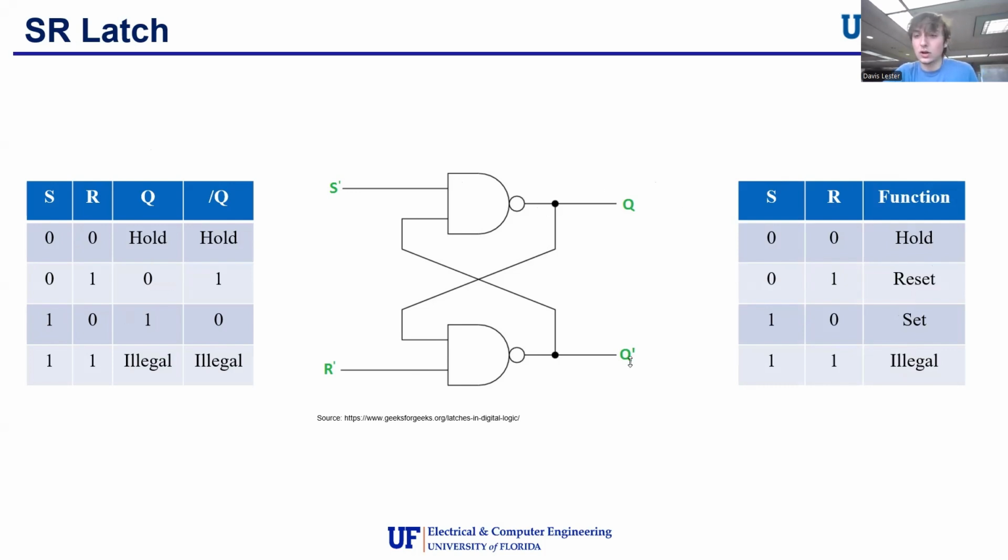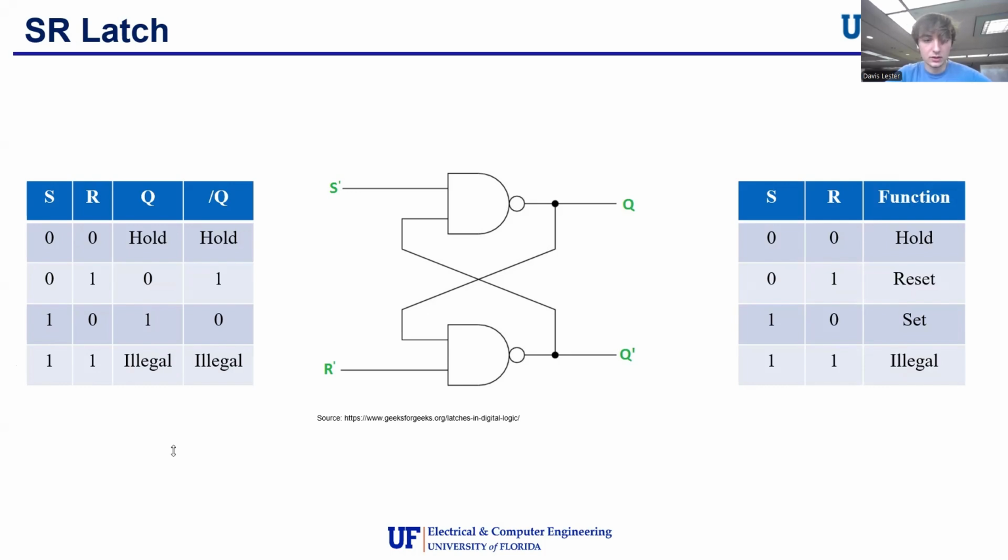Q naught is just used to have an inverted version of Q, which can be useful for various scenarios. And when R is 1, the reset will be true, which makes the output 0. Note that you can't have both of them as 1, or else this will cause errors, so we write it as illegal in the table.